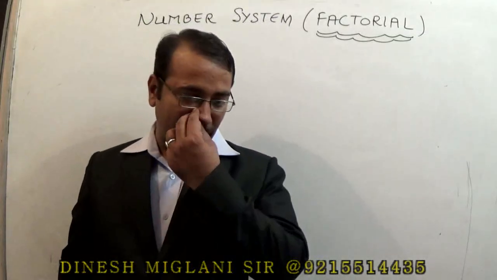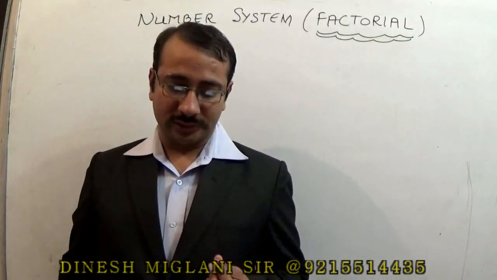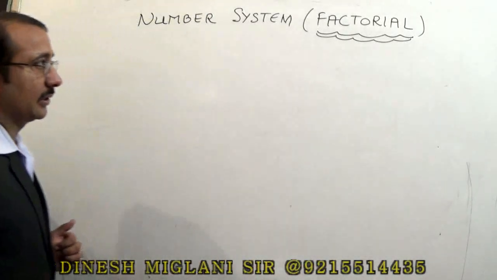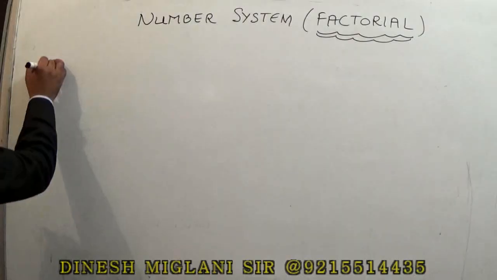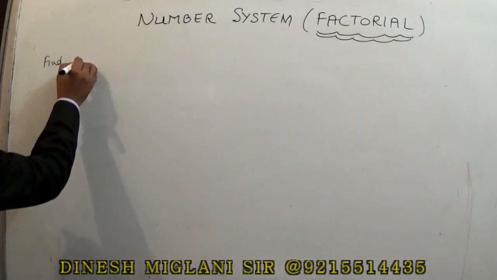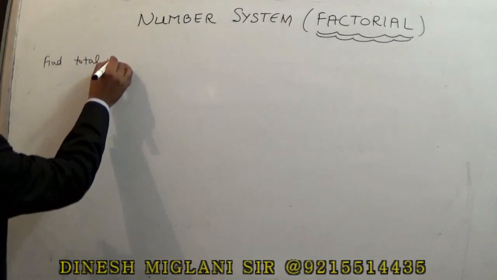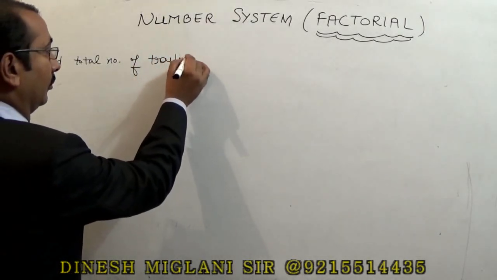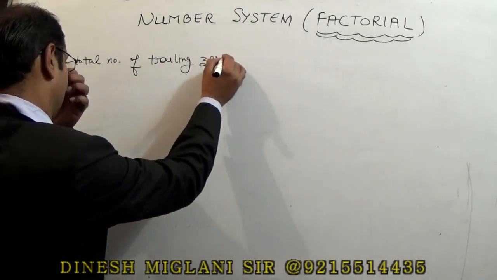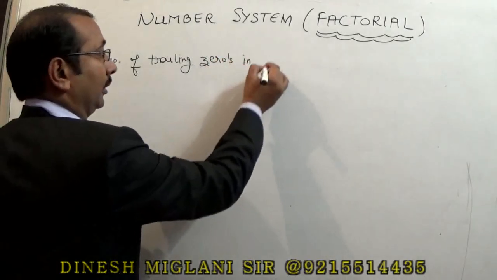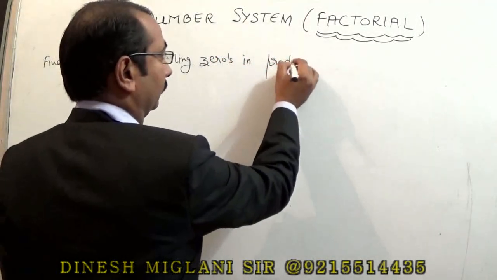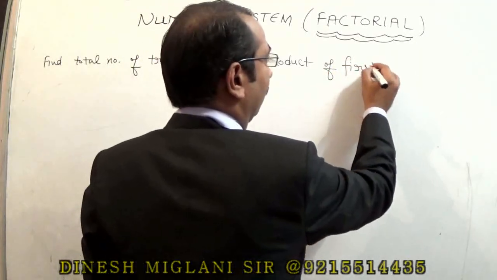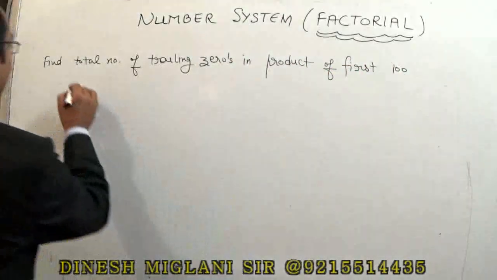Now I am going to discuss some of the standard questions as well as some of the standard points. For example, take the first statement. Find the total number of trailing zeros in the product of the first 100 multiples of 10.